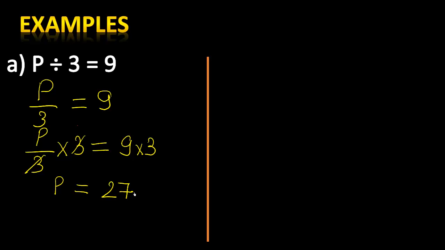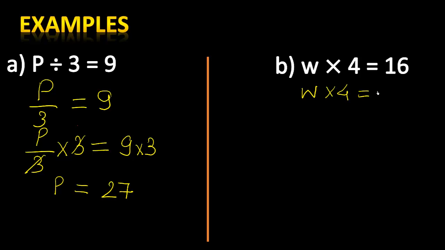Let's see what our next example is. w times 4 is equal to 16. Let's divide it. So it's going to be w times 4 by 4. Let's divide it on the other side also.